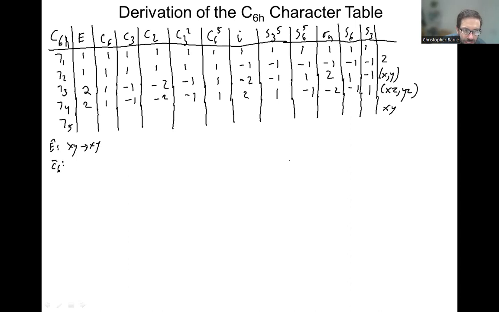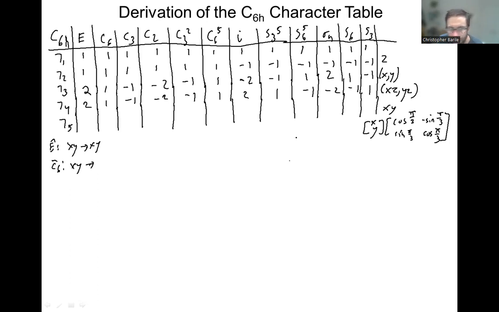And then we get to C6, and we ask the question, how does xy transform? We have to recall our 2 by 2 rotation matrix, which was cosine 2 pi over 6, which is also pi over 3, negative sine pi over 3, and sine pi over 3, and cosine pi over 3.